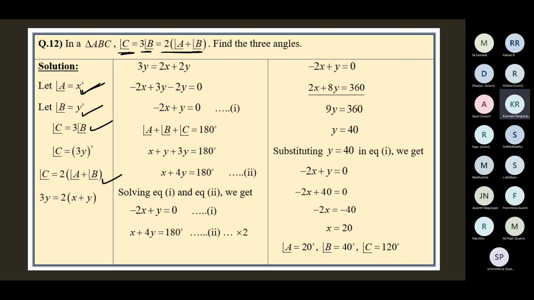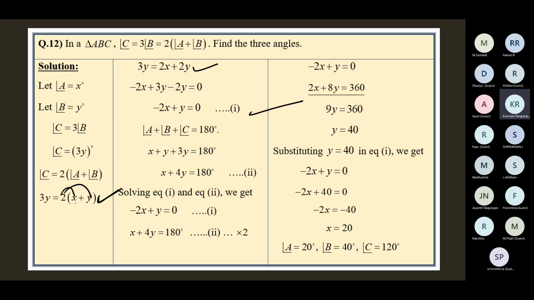And using this information, since angle C is 3y, 3y is equal to 2 into A plus B, x plus y. So now this itself becomes an equation. Work this one. So you get 3y is equal to 2x, open the bracket, 2x plus 2y. And then you bring all the variables to one side, and this is the equation.